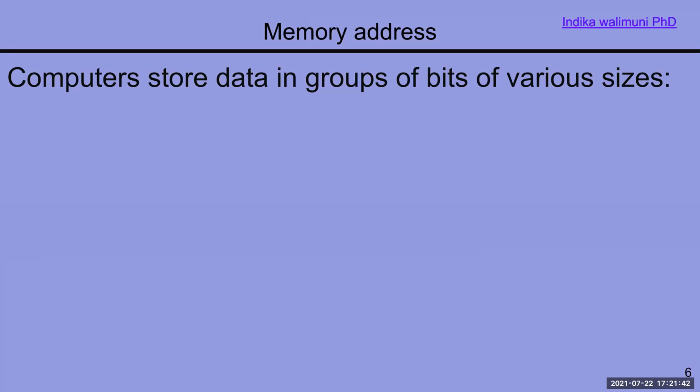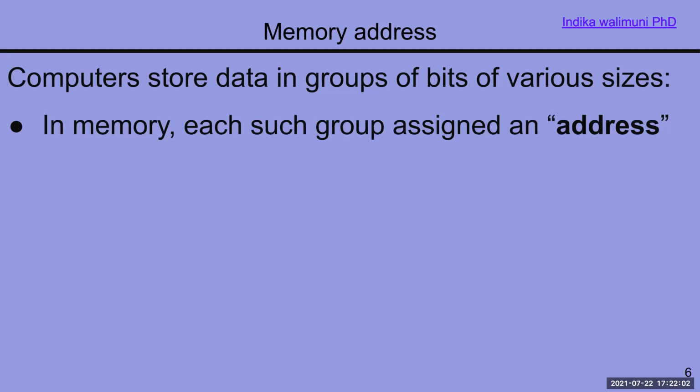Let's talk a little bit about memory addresses. When storing data, the computer stores groups of bits of various sizes, depending on the data size, in memory. Each such group is assigned an address in memory, which we call a reference or the address.